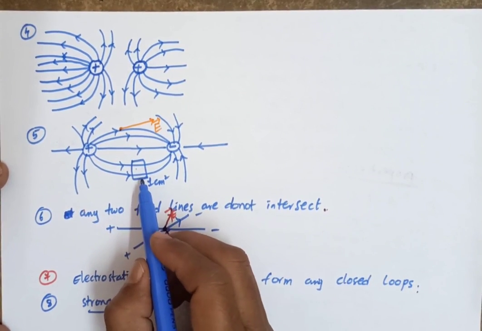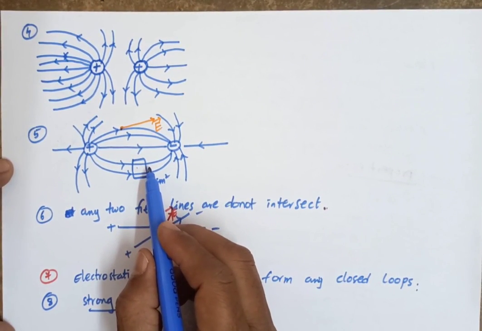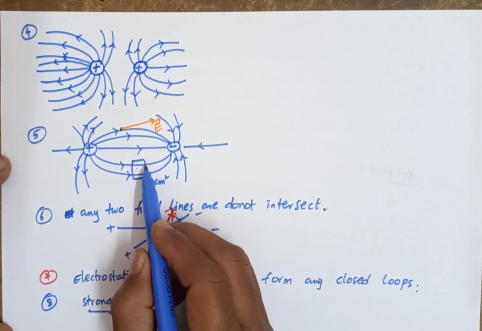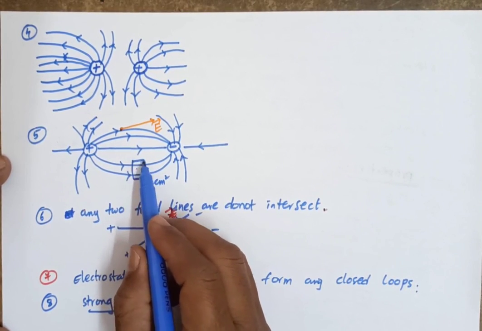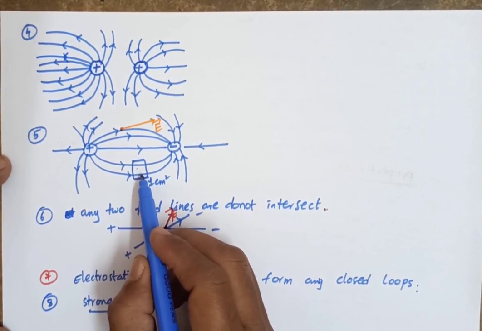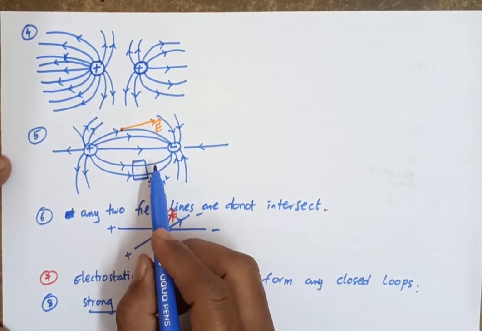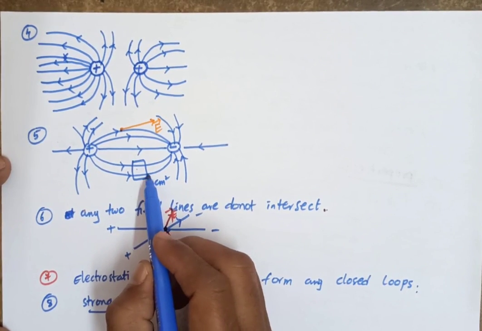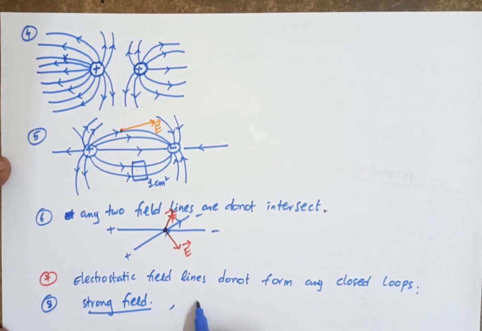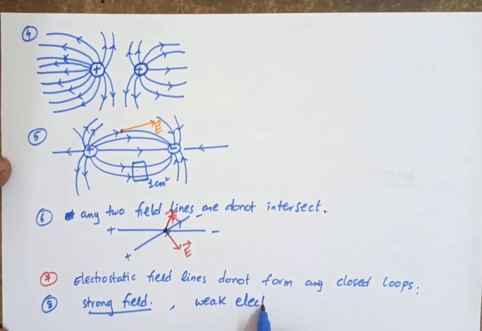When the number of electric field lines passing through is low, then the field is called a weak electric field.